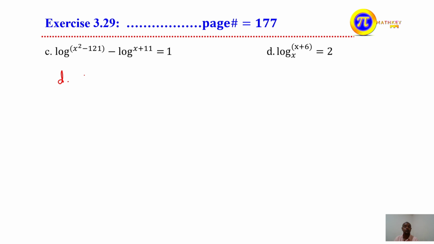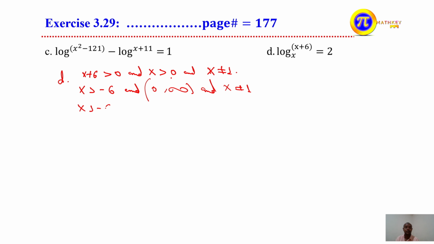In this case, x plus 6 must be greater than 0, and at the same time x must be greater than 0 and x is different from 1. So x is greater than negative 6, and this means 0 to 1 union 1 to positive infinity.